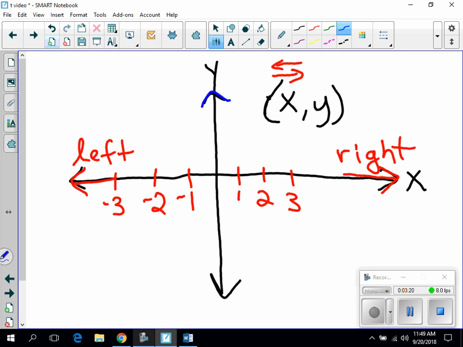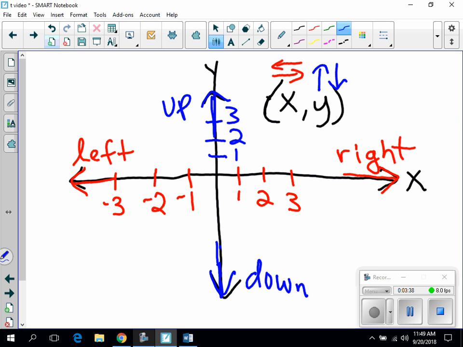On the y-axis, there's an arrow pointing up and an arrow pointing down. The y controls the upward and downward movement. Going upwards, the values are positive. Going downwards, the values become negative. So you're decreasing when you move downwards and increasing as you move upwards.